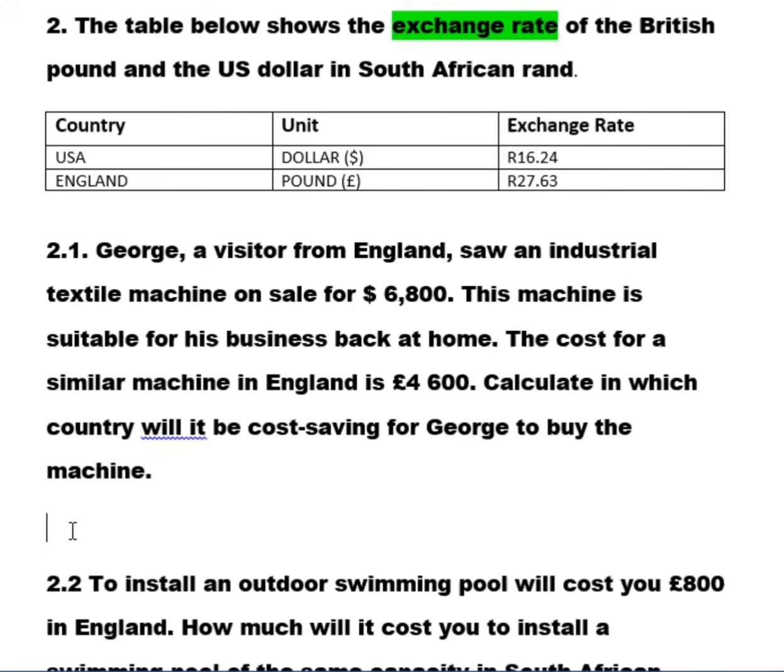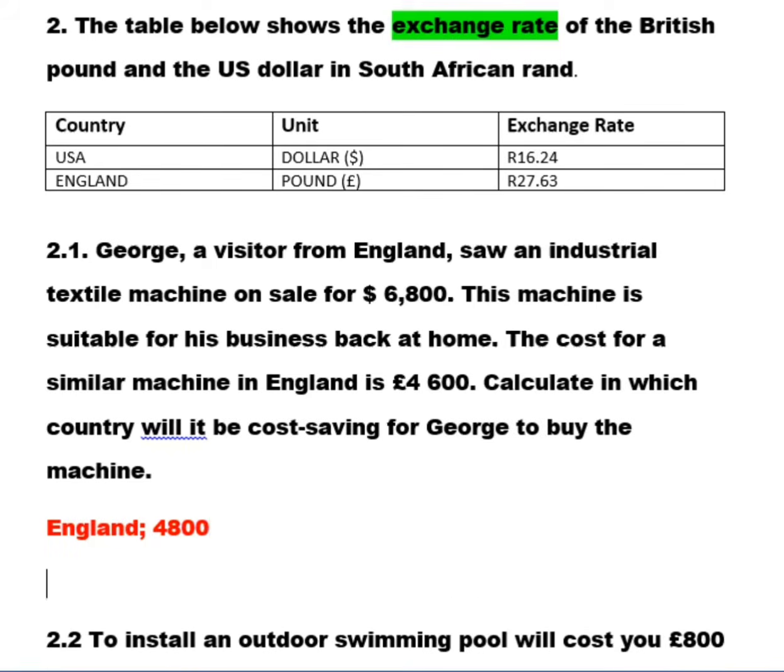So we know, okay, if this person is buying locally from where he's from, England, he has to pay 4,600. Now, for the US machine, how much does the machine cost in pounds? That's what we want to determine, because it's going to be easier for him to compare in pounds.